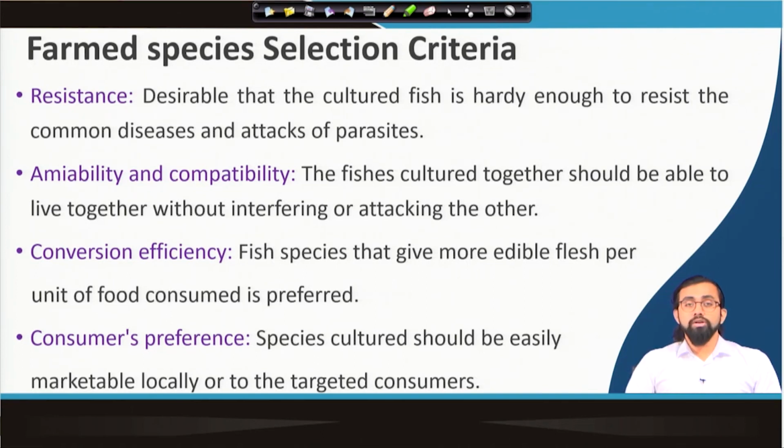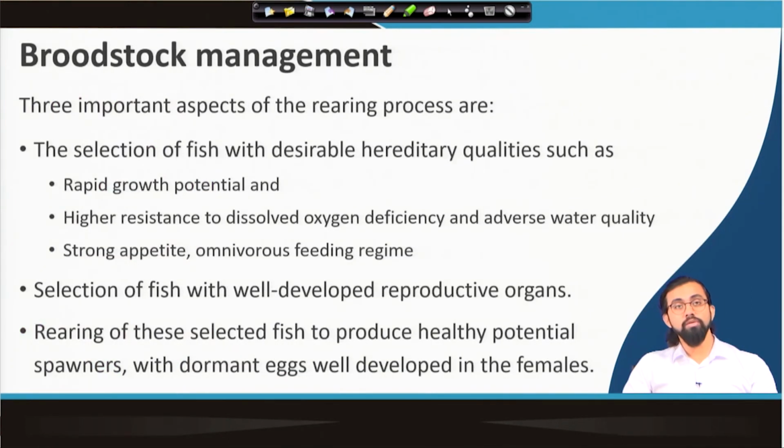You don't keep on culturing tilapia once you see that the local consumers are not happy with tilapia. They want to have shrimp in that particular season, or some other species, but you keep on supplying them with tilapia. They would say, no, I'm not going to have it, let's have something else, some alternate food. So consumer preference is very important, which we have to take care of before selecting a particular species for our farm.